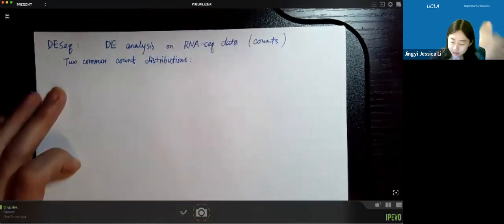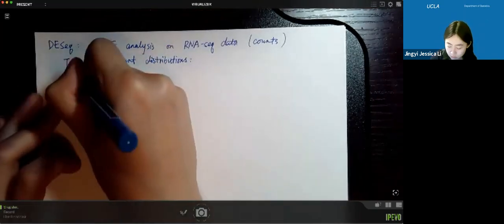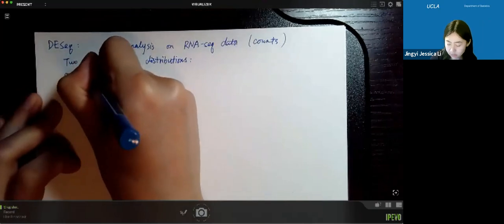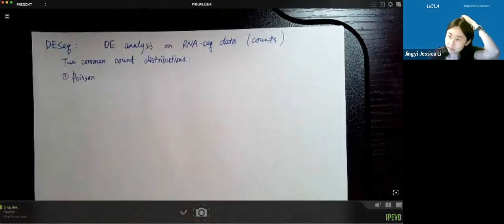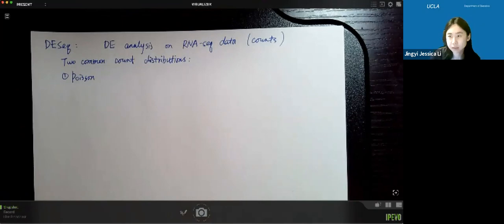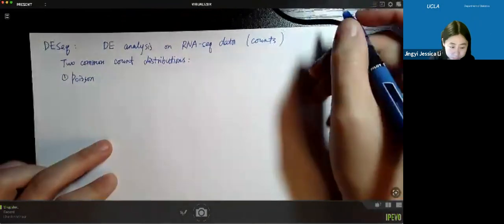The first one is what we call Poisson, and the second one is negative binomial, which is something we have seen in the ComBat paper. That one uses negative binomial, but we didn't talk about that in detail. So now you are going to see the negative binomial in more detail. And before going to that, let me first introduce one notation to help our discussion.